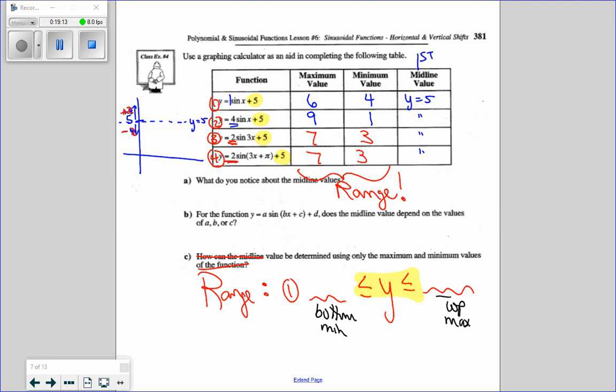So for the first one, what would the range be? It's all the y's from 4 to 6. For the second one, it's all the y's from 1 to 9. Bottom, top.